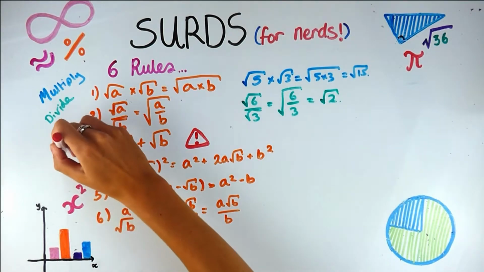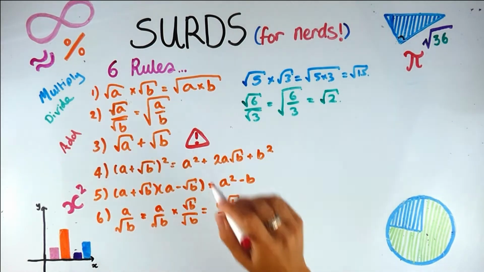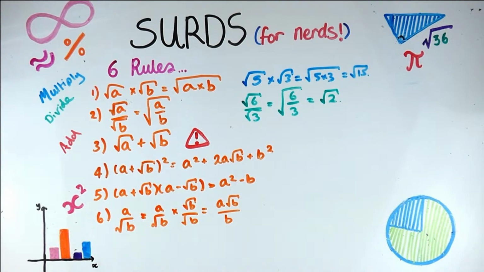Third rule I call add, and this is the warning rule where you do nothing. So if I have root A plus root B, I can't actually do anything with that because they're completely different things. That's like having X plus Y. You can't add them together, or it's like having apples plus oranges. You can't add them together because they're just 2 different things.